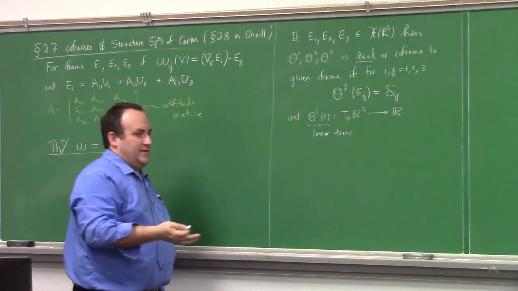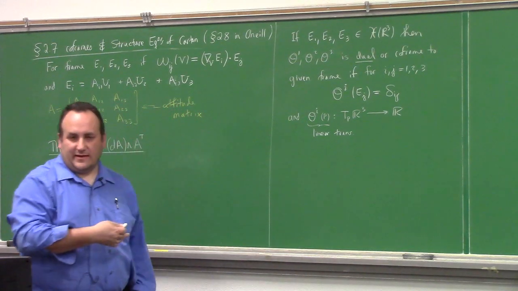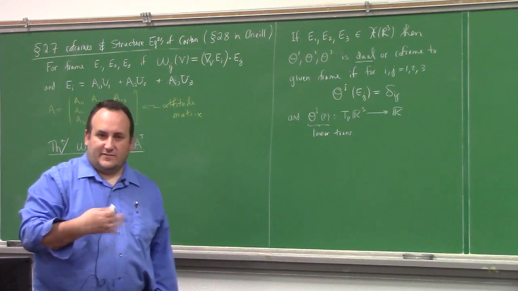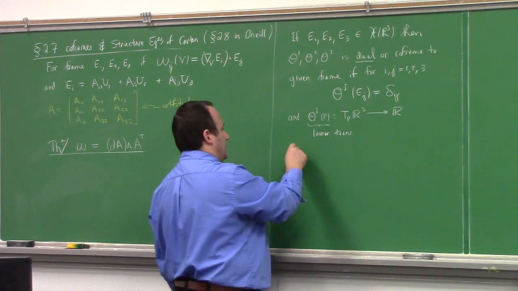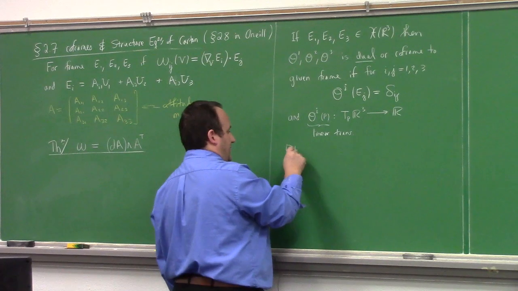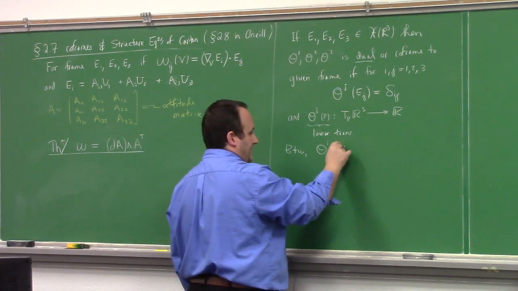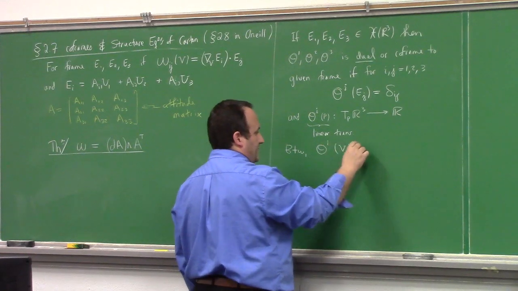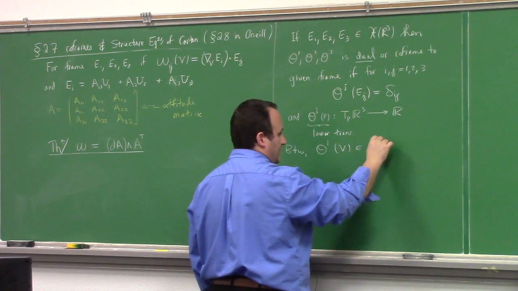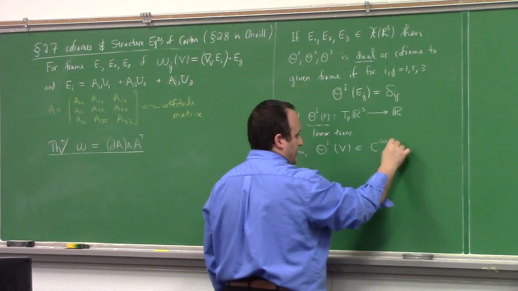I could also say that if we don't fix a point, if we just let theta I act on a vector field, I'll say, by the way, if I have theta I acting on V, then this gives me a smooth function on R3.